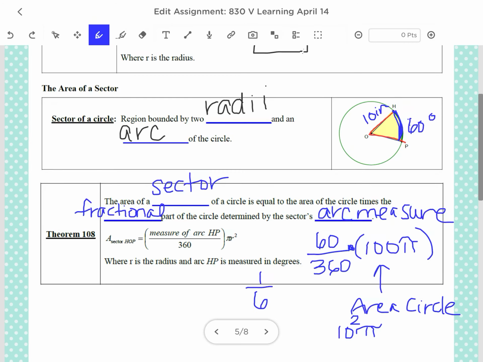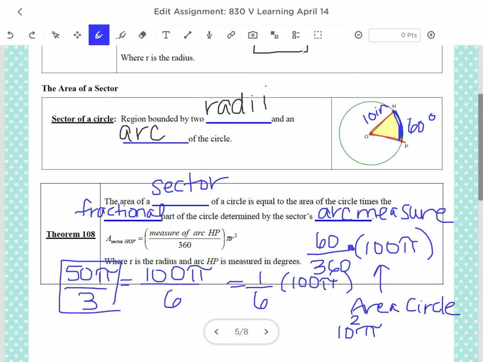So it's 1/6 of the area of the circle. Since the area of the circle is 100 pi, I'm just going to multiply those. So I'd have 100 pi over 6. If I could reduce that, I would. I could divide both of those by 2. So this is going to be 50 pi over 3. Remember, you can write it as 50 pi over 3, or you can write it as 50/3 times pi. Either one of those is accurate.